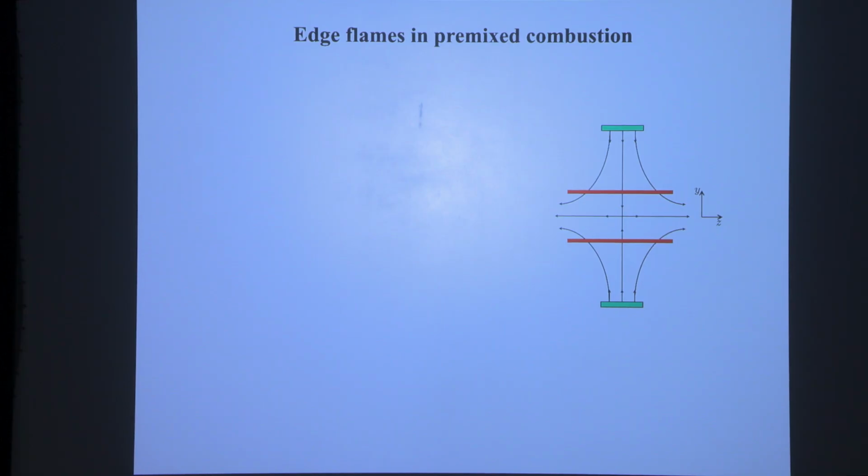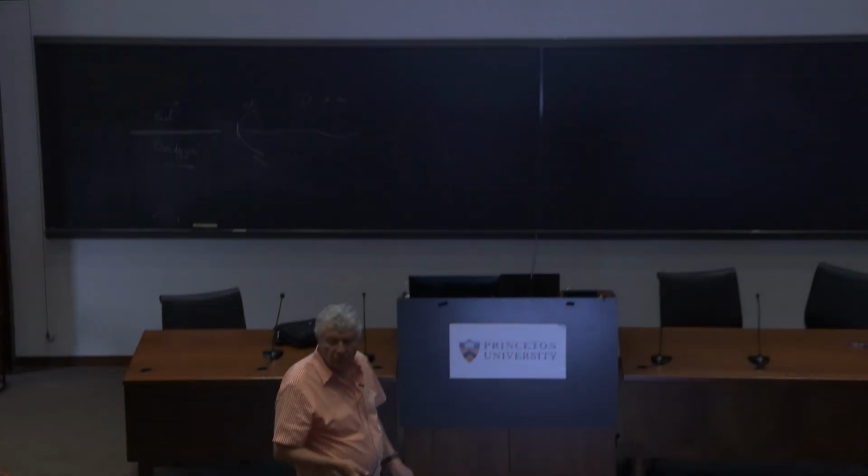At least I'm showing you a mathematical description of an edge in this case. So this is a two-dimensional problem. This flame extends in principle in the z direction, which is out of the board, all the way this way and that way, as well as the other one. In other words, there are two infinite planar surfaces, okay? But suppose the condition here is that, and those are two flames, so the flame temperature is, say, the adiabatic temperature, right?